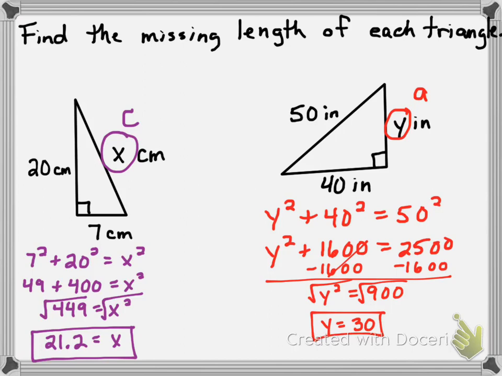Negative is just a direction, just means 30 in a different direction. So when you're talking about length, everything's positive. That's why I only need the positive answer for my Pythagorean theorem, whereas when I'm just solving an equation, I need all solutions. So that's why we don't need both solutions for these problems, and that's also why we don't need both solutions for the distance problems as well.